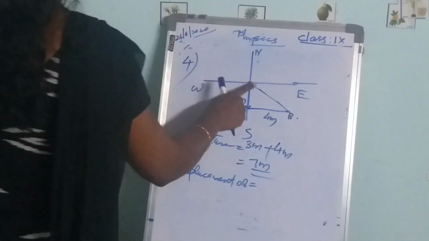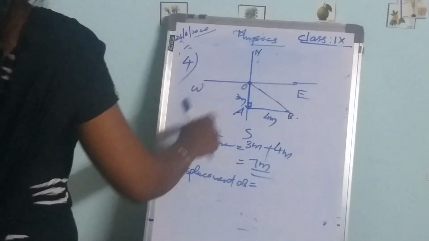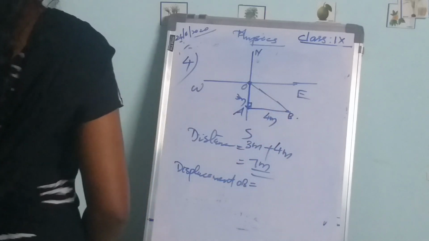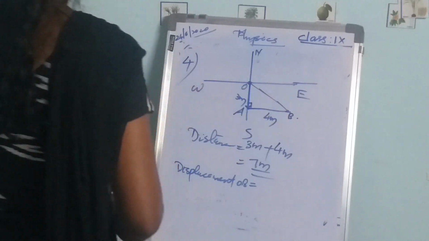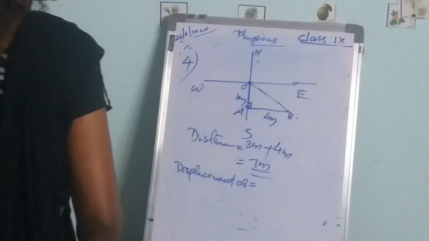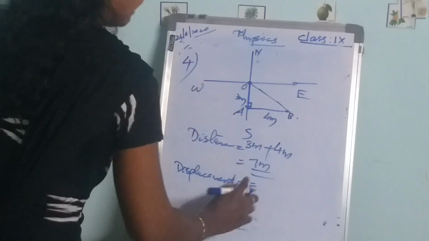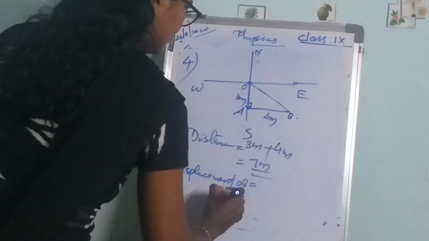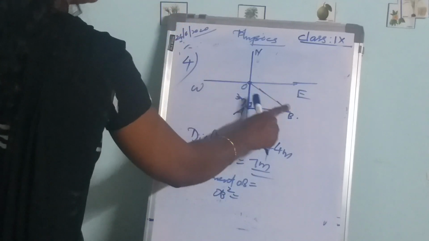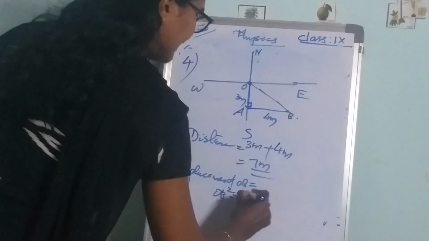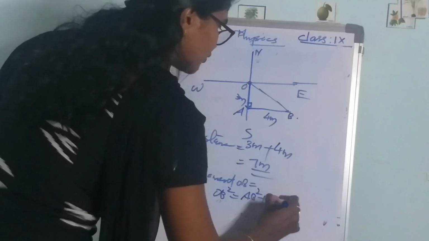Then how can we calculate this displacement, the distance OB? Here also we can consider this as a right angle triangle, and using the same Pythagoras theorem we can find the distance OB. That is the displacement. We can write OB square, that is hypotenuse square, is equal to base square AB square plus altitude square OA square.